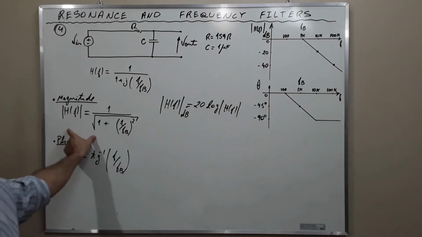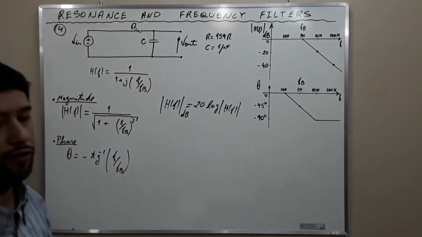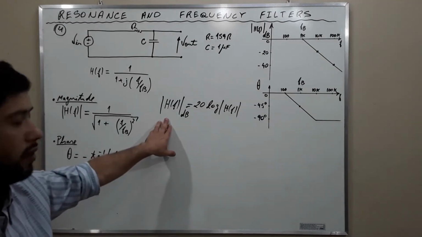We take this value here, we take the logarithm of it, and then we multiply by 20, and we have the value in decibels.